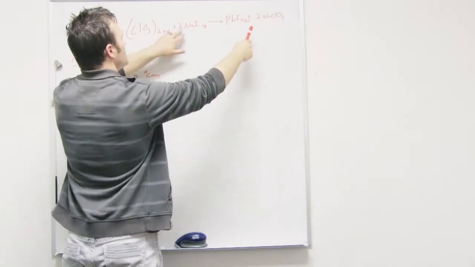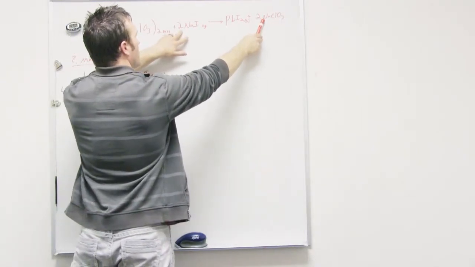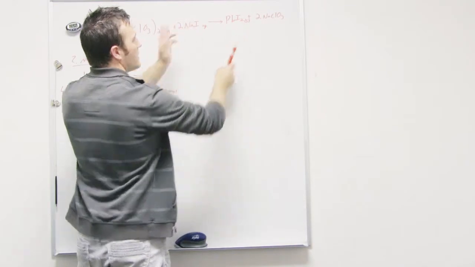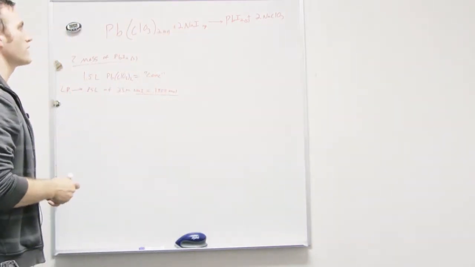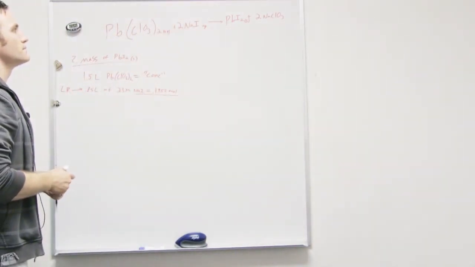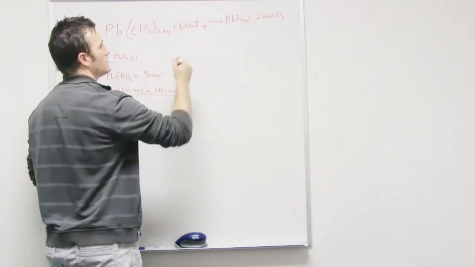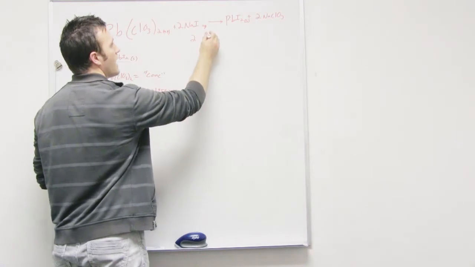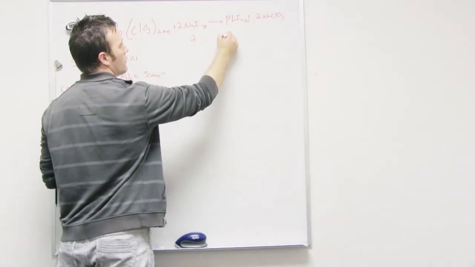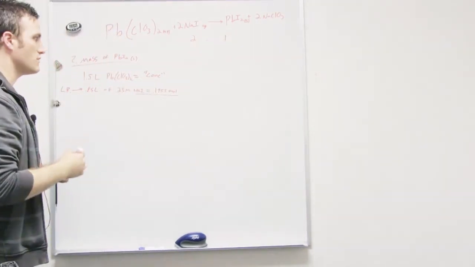ClO3 is balanced. 2 sodium over here, 2 sodium over there, 2 iodide, 2 iodide. So yes, it's balanced. Once we know it's balanced, for every 2 moles of this that react, we get 1 mole of that. So they react in a 2-to-1 ratio.